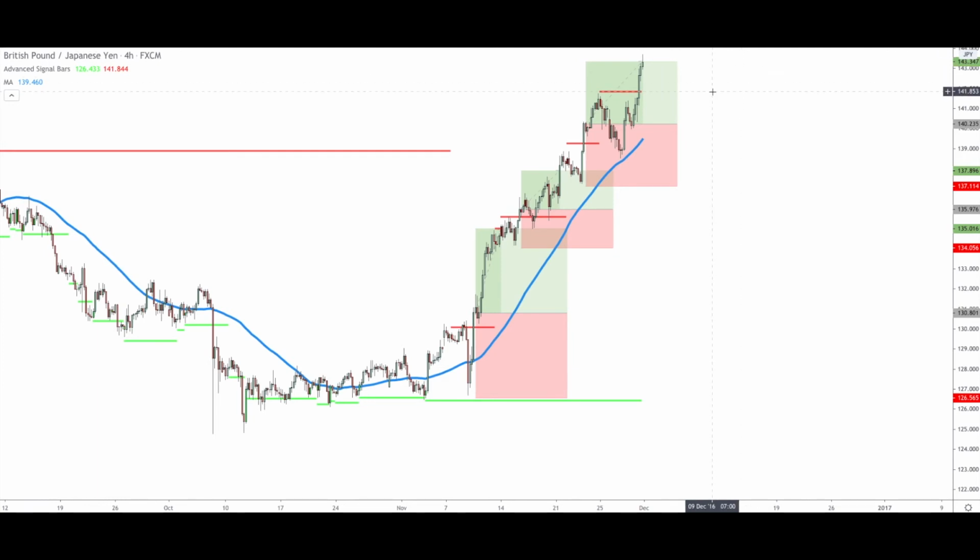So we had a breakup of the red horizontal line. What I typically do in this case, if I have one open, I don't open a second one, because I want the first one to close before, and then I look for a second opportunity.